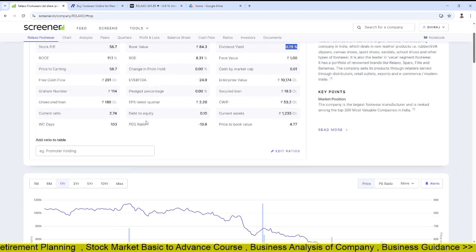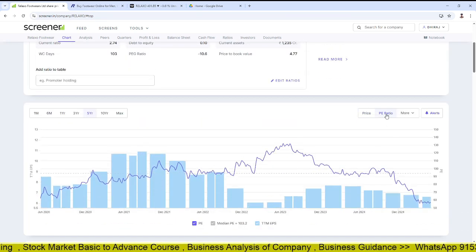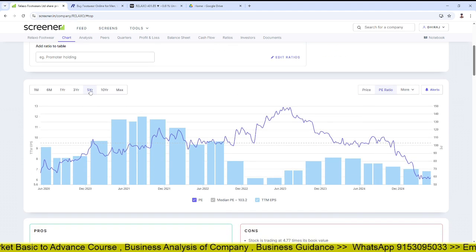How can we see this? We can see from here. This is your price chart, this is your PE. Click on this particular point, PE ratio. If I click on 5-year, then you can see the median PE is 103.2, and right now the company is trading at 58.8 PE. So the company is trading below the median PE, almost at a 50% discount.